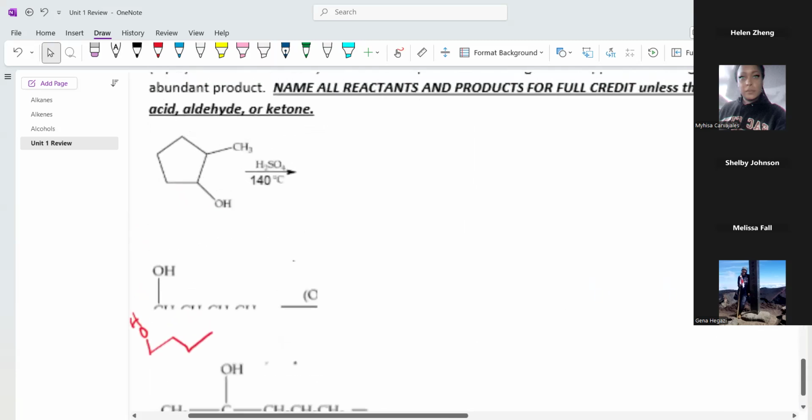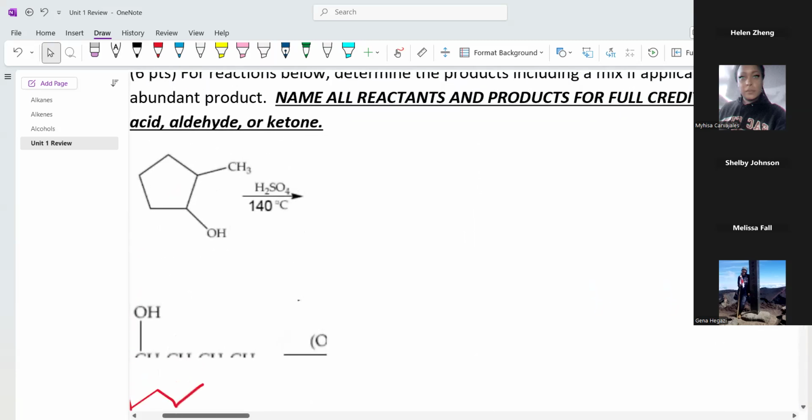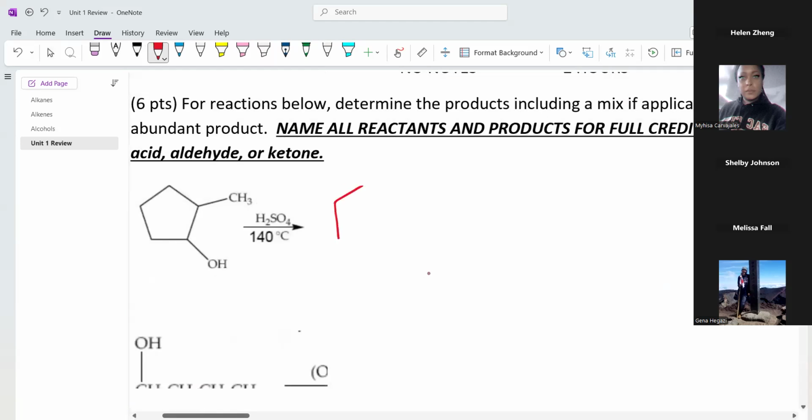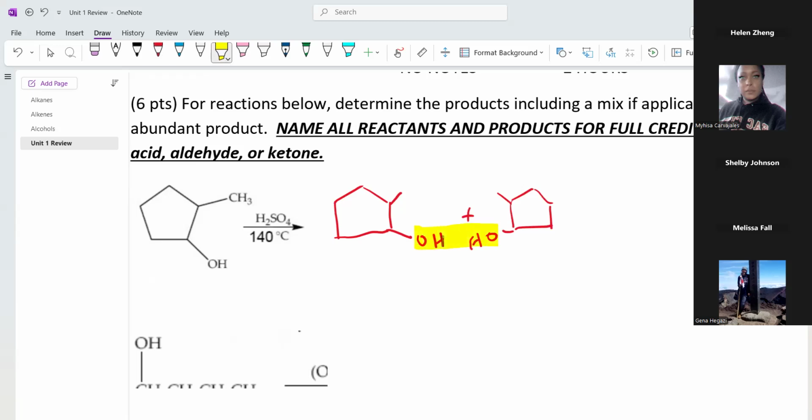So with ethers, you connect the two alcohols together where the OHs are attached. So there's one OH. There's the other OH. So this is the area here that's going to be attached.